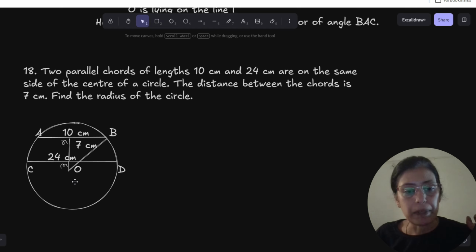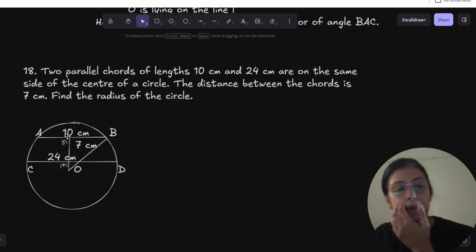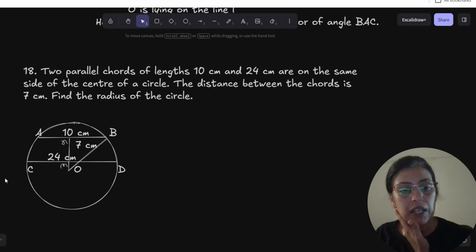This line intersects CD at M and AB at N. Since it is perpendicular, it will bisect the chord. AN and BN will be equal, and CM and DM will be equal.